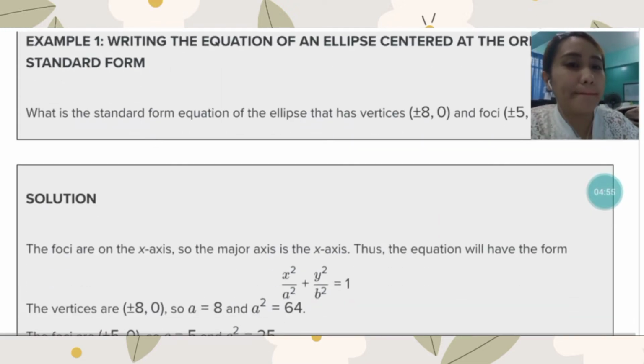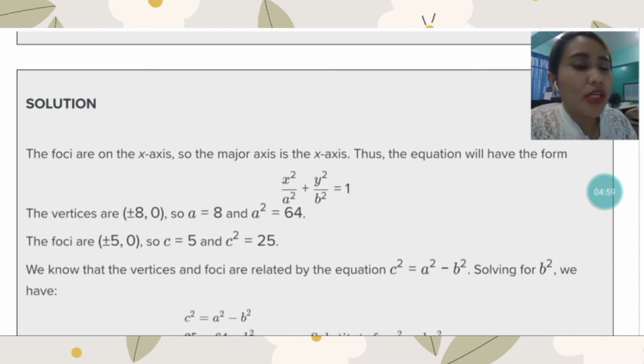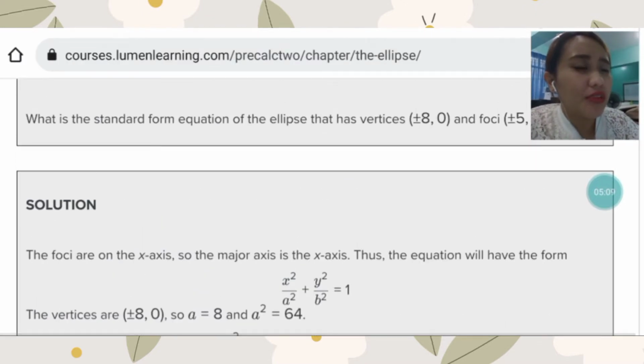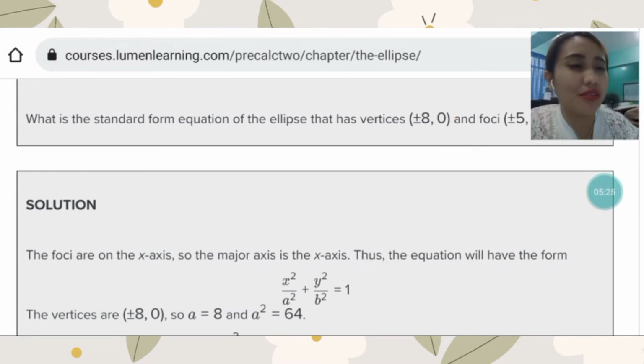So for the solution, the foci are on the x-axis, so the major axis is the x-axis. Since the given coordinates for the vertices are points on the x-axis, we know that our major axis is the x-axis.